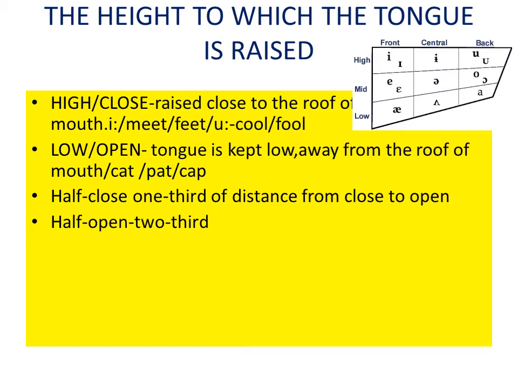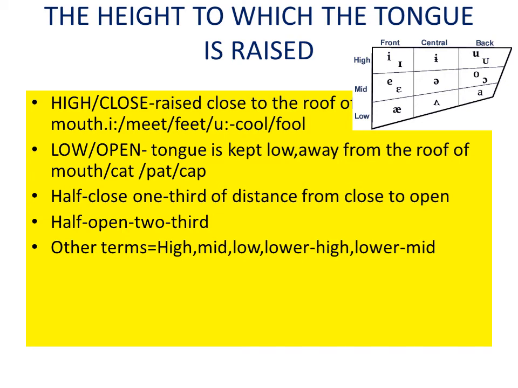Half open. While we pronounce half open vowels, two thirds of the distance from close to open position is maintained. In other terms, in order to classify this, we use high, as shown here in this table, or mid, low, lower high, lower mid.